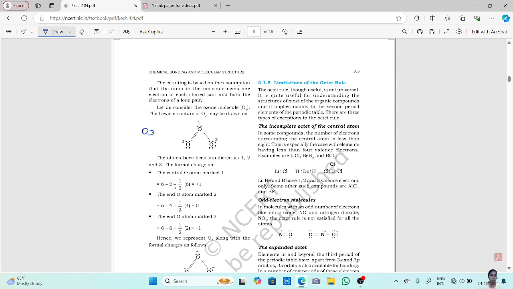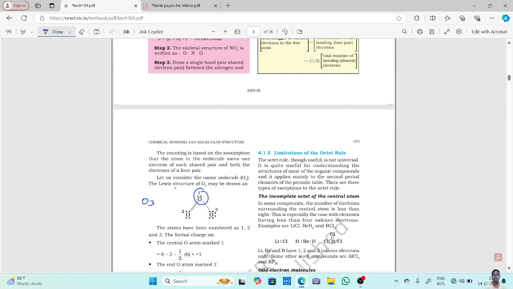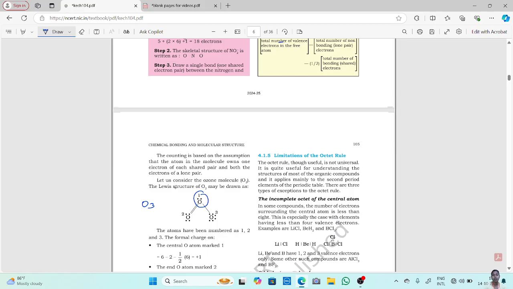Ozone is O3. The atoms have been numbered as 1, 2 and 3. Take the central oxygen atom, marked as 1. What is the formula? The formula is the total number of valence electrons in the free atom.